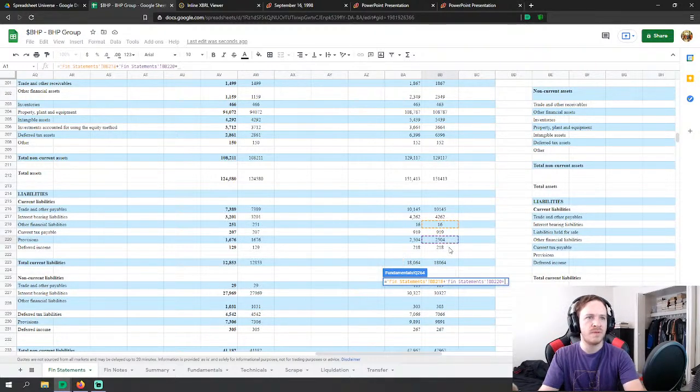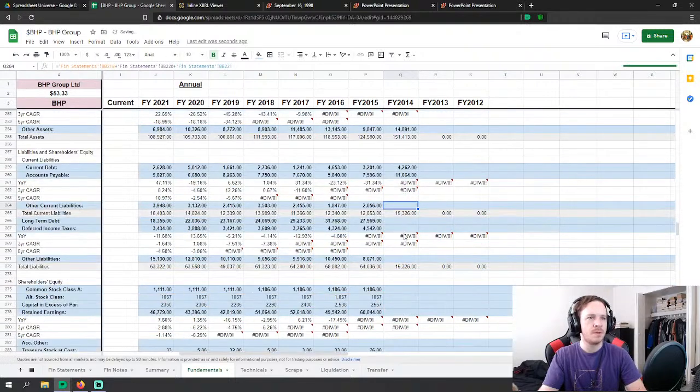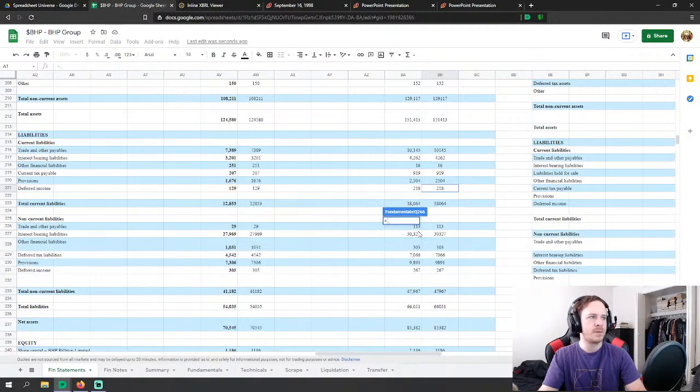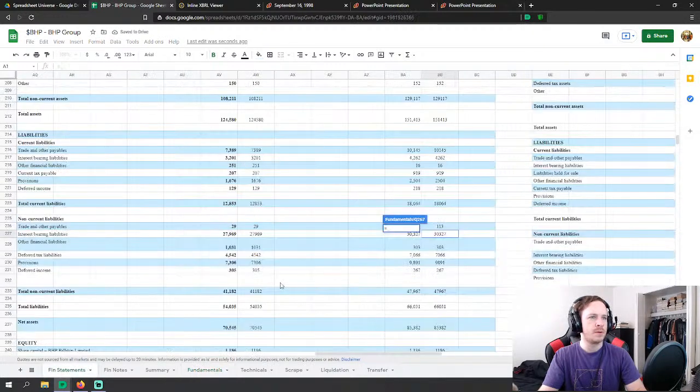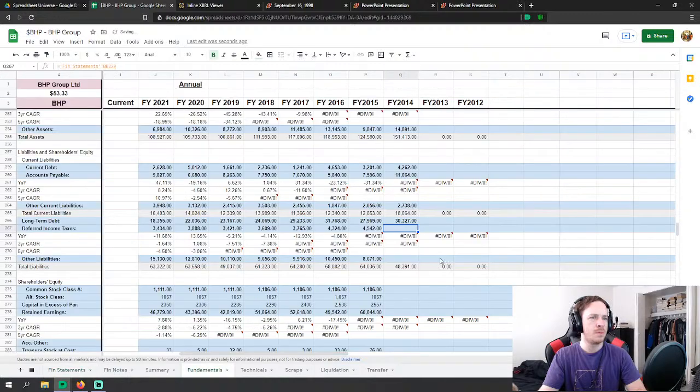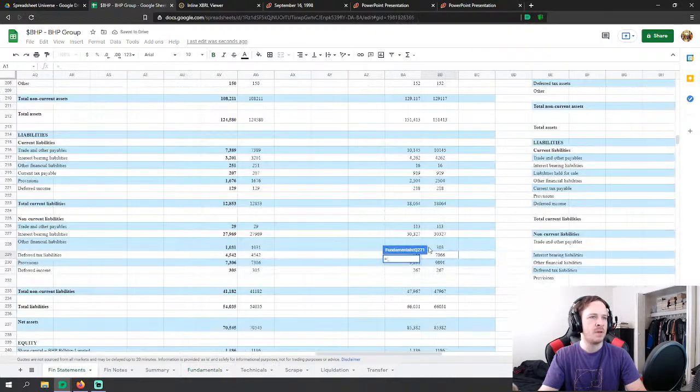Other including provisions. Interest-bearing liabilities. Tax liabilities. And everything else.